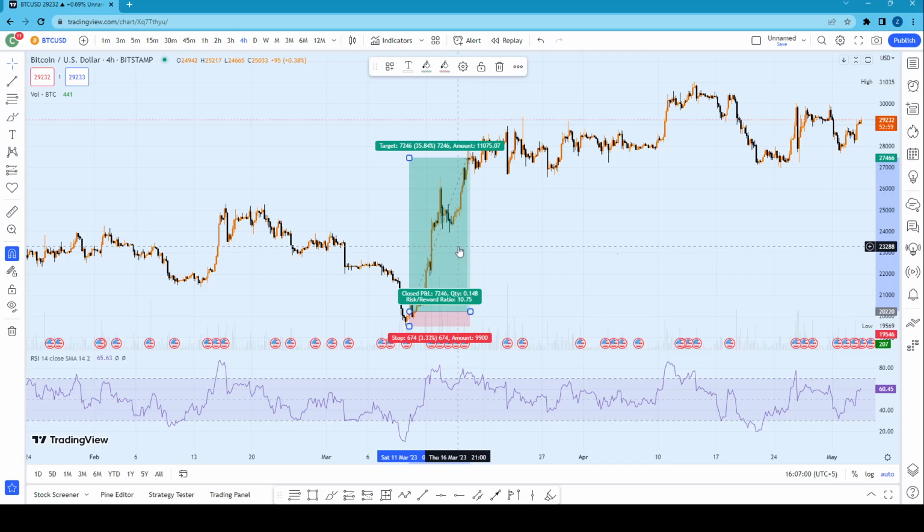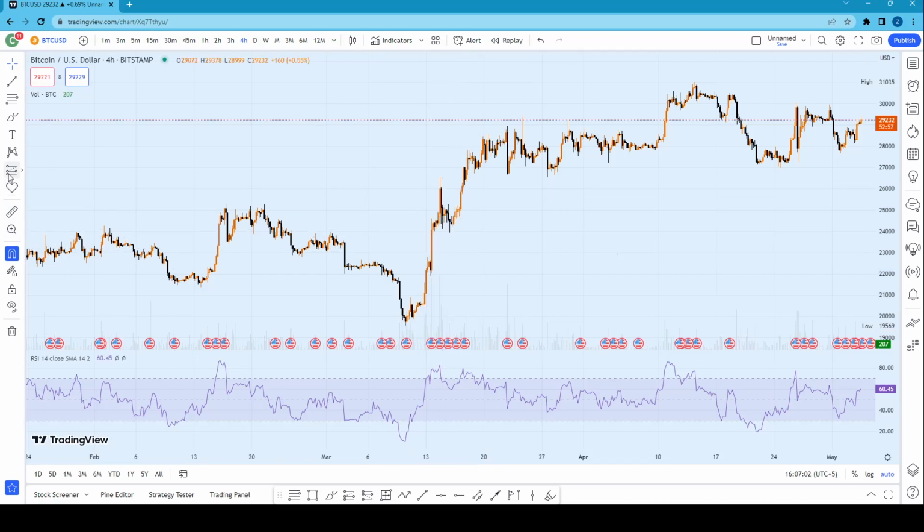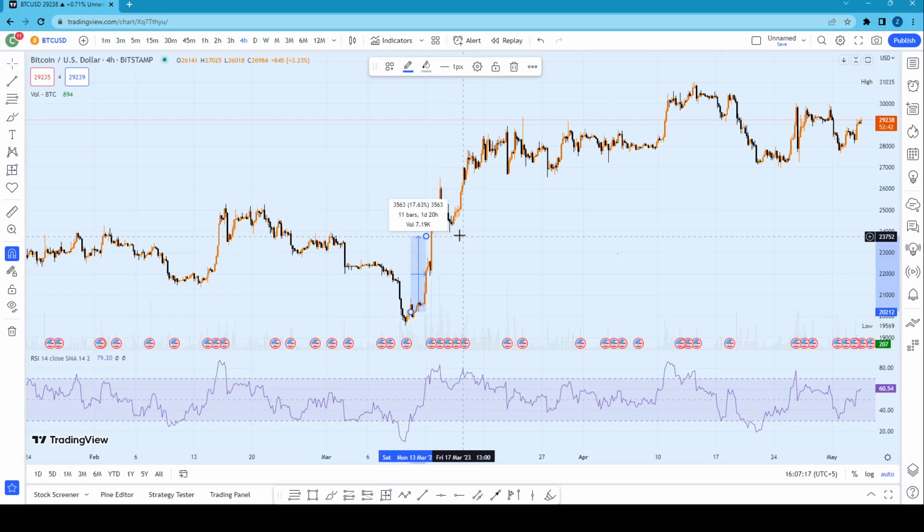I should have used the measurement tool instead. Once it goes above 30, which is here, I guess, you buy, and then you can sell when it goes above 70 or at your desired value. You can see how it gives you a 17% move.